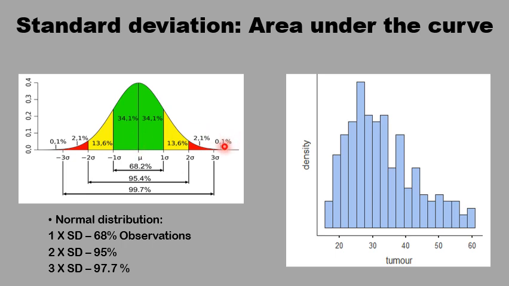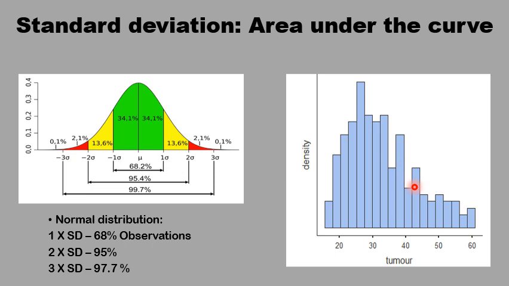Take it further to 3 standard deviations and you have more than 99% of the data within this. Any data out of these limits, like more than 3 standard deviations, will be extremely rare. Any observation more than 2 standard deviations away from the mean is also quite rare. It should be about 5% only of the data, half of them above and half of them below the mean.